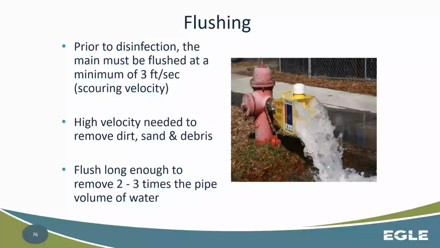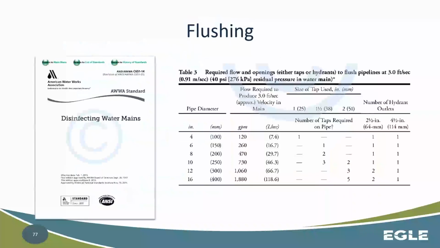Okay. Flush, and it's recommended that you flush long enough to remove 2 to 3 times the pipe volume of water. Okay. So a little bit of flushing guidance as per an AWWA standard for disinfecting mains. That's C651 that you can see on that picture right there.